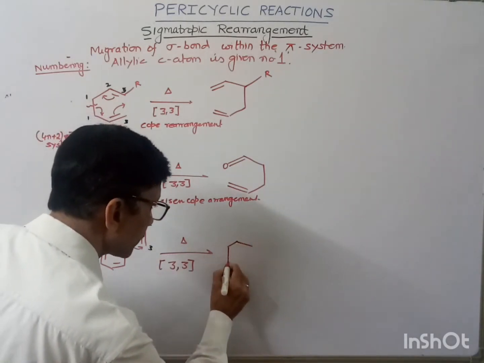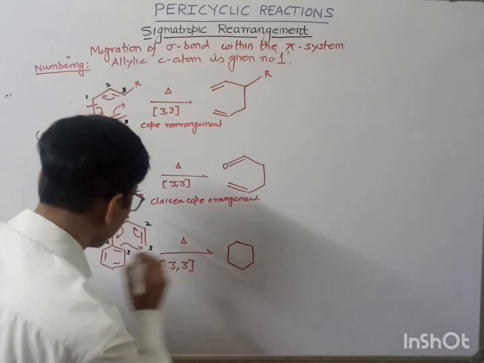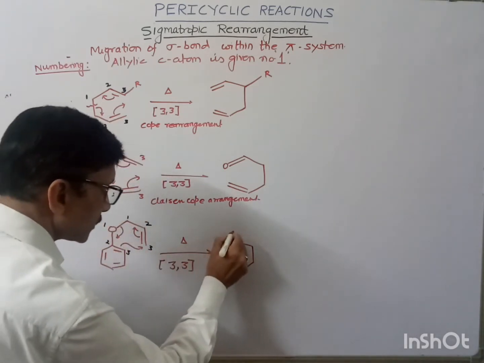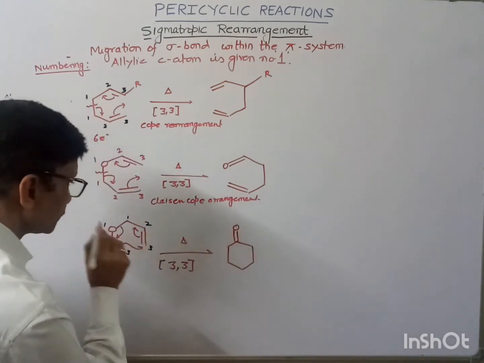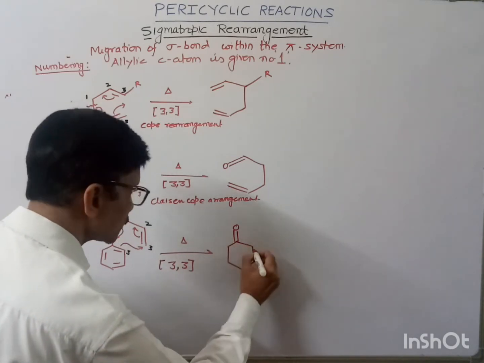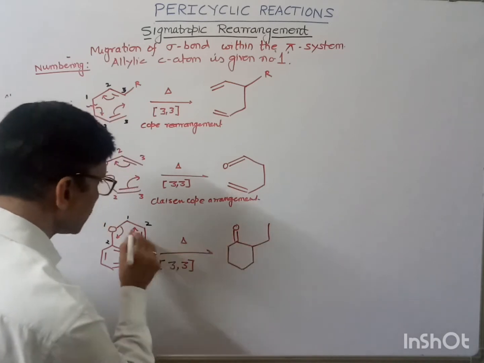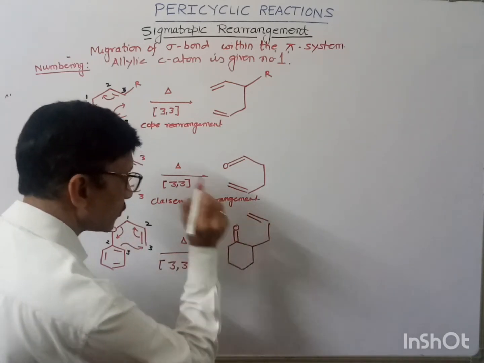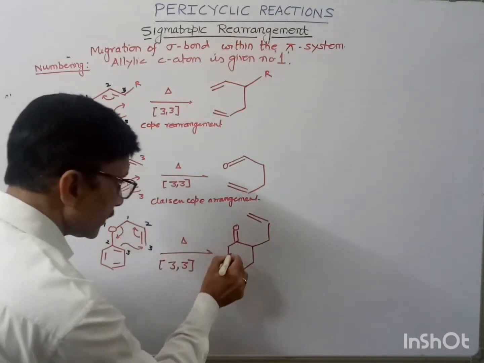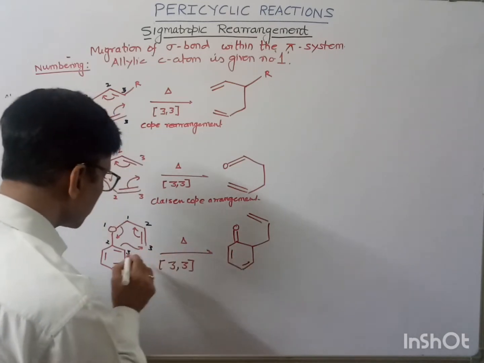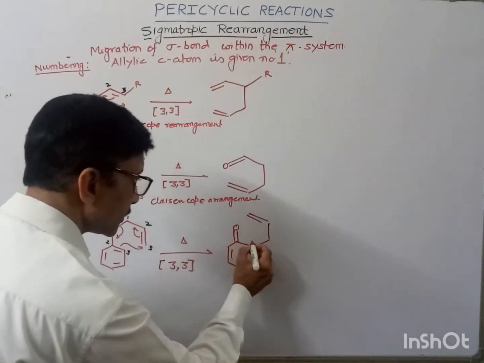We may write. Here a double bond is formed. Now the bond is formed between this 3-3. Now this is a single bond. This is our double bond. This is formed, and the double bond that was already present is converted into a single bond.